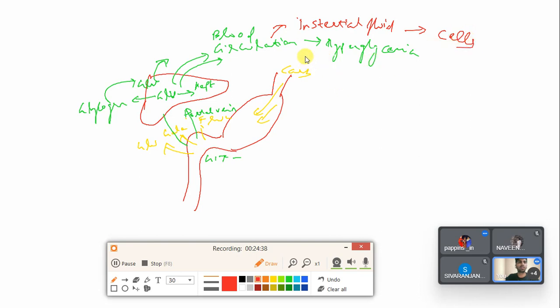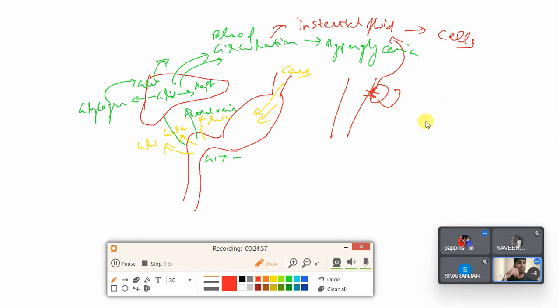This is the blood capillary, and then the cells come up. In between these cells there is a gap, and that's where the interstitial fluid is. From here the glucose then reaches the cells. So now what we have learned is the movement from blood circulation to interstitial fluid.